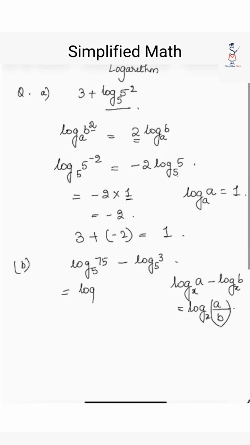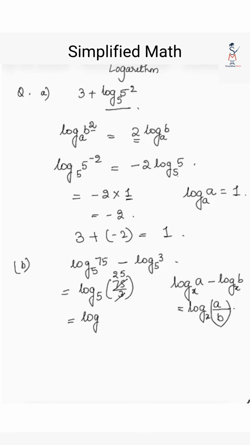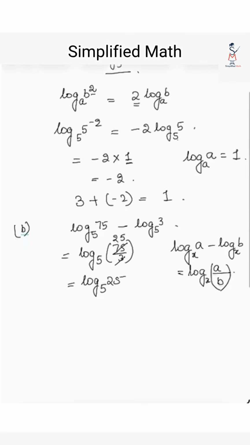So this will become log 75 by 3 to the base 5. This is the case when the two logs are subtracted and they have the same base. So this will become log 75 by 3, 3 2s are 6 and 15 25, log 25 to the base 5.